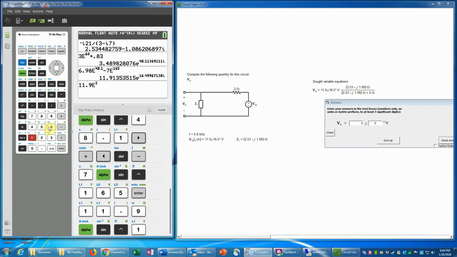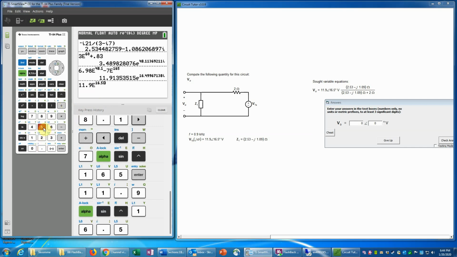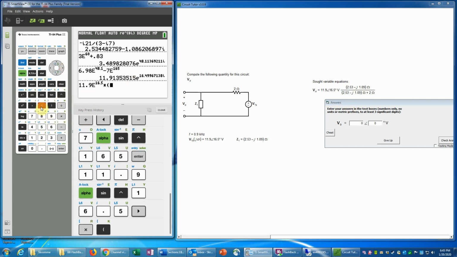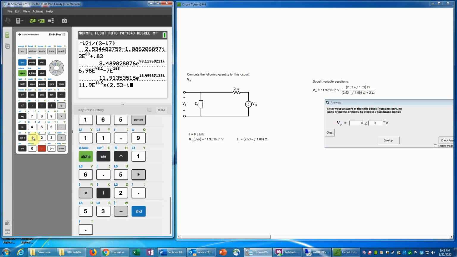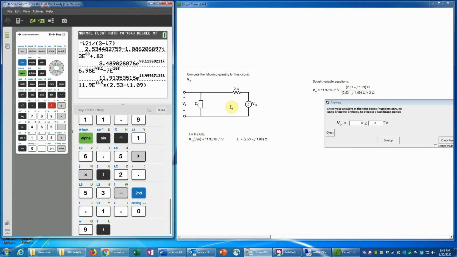Got to remember to use that power key, otherwise I'll get a very wrong answer. And that needs to multiply, open parenthesis, 2.53 minus J, or in this case I, 1.09, close parenthesis, so that's the numerator.